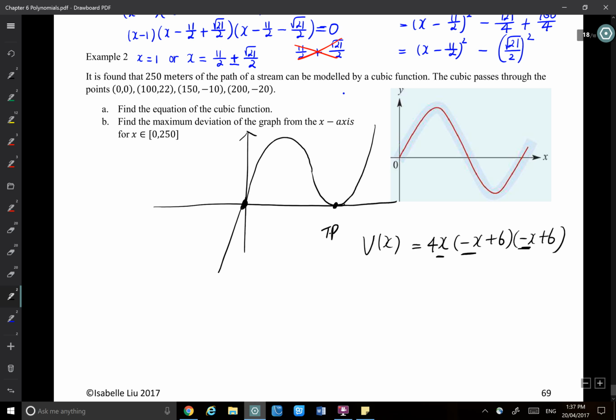That's the shape of the graph. But you can only have this bit of the graph, because it can't go over 6 and can't go less than 0. You won't have negative volume and after 6 does not make sense. So it's only the red part of this graph.